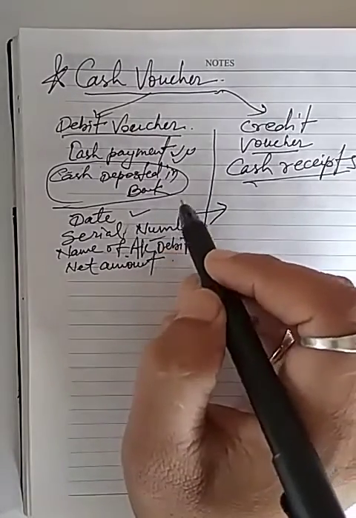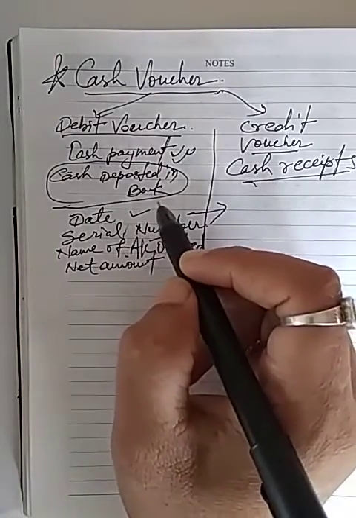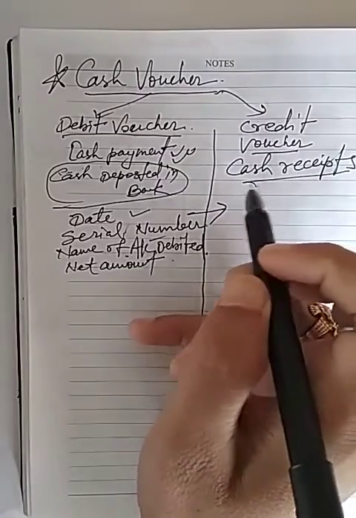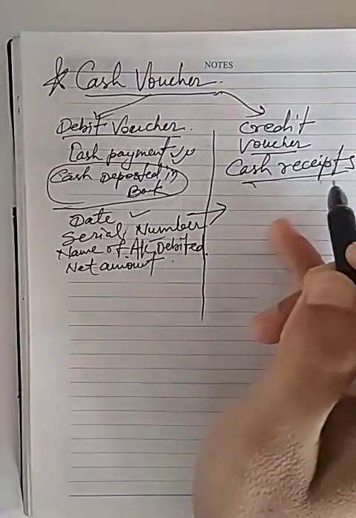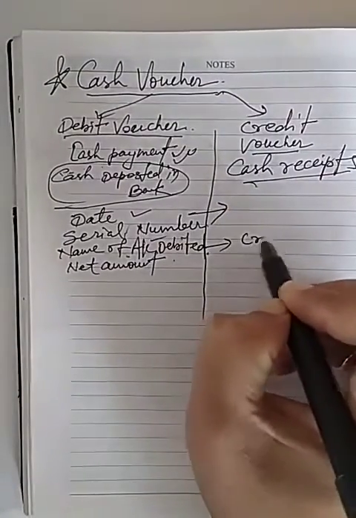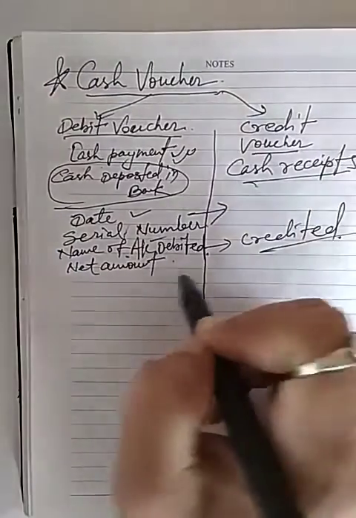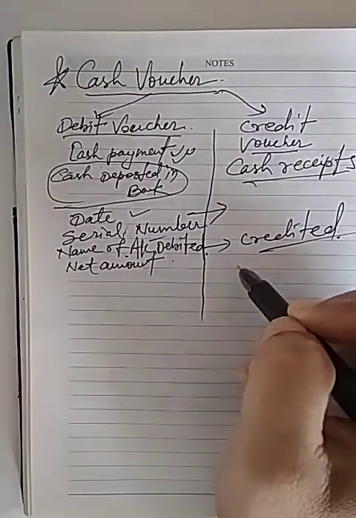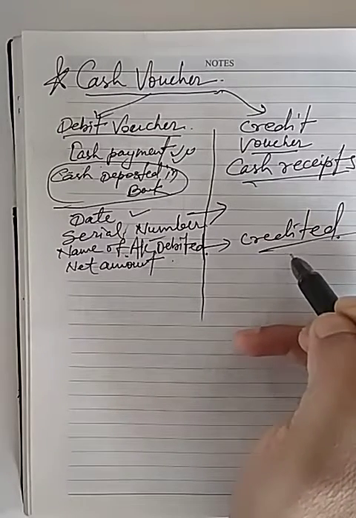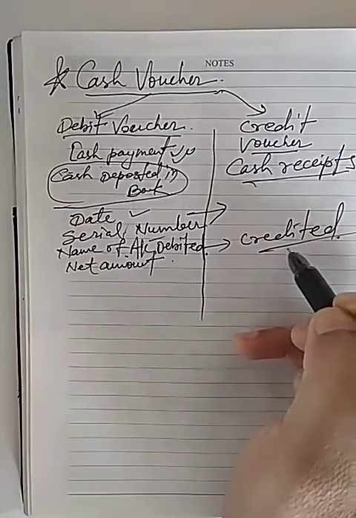Credit voucher also contains date of preparing voucher, serial number of voucher, name of account credited, net amount, and source document number, say cash memo number, etc.